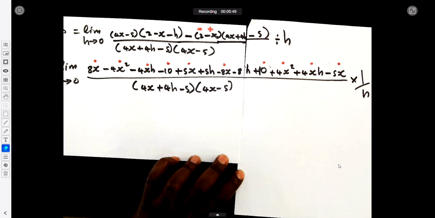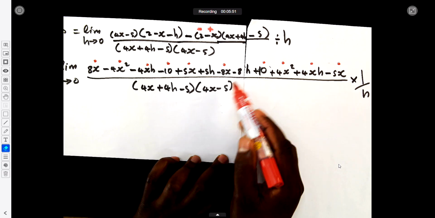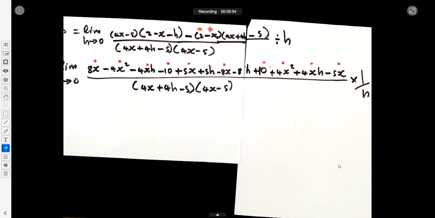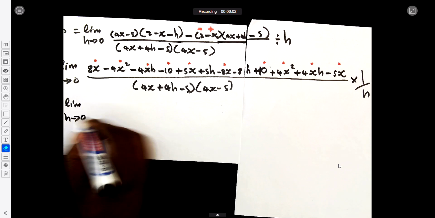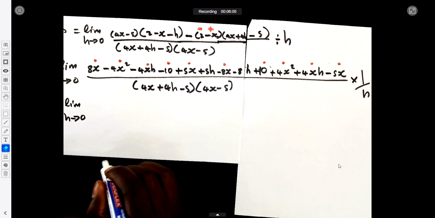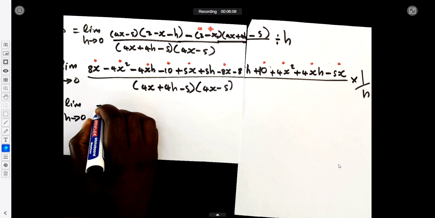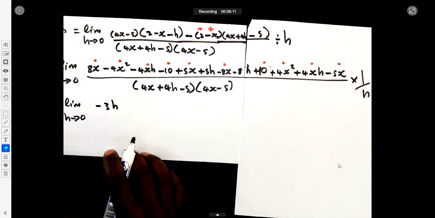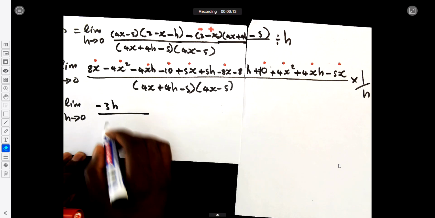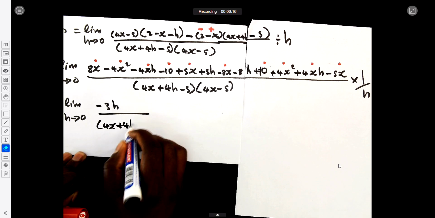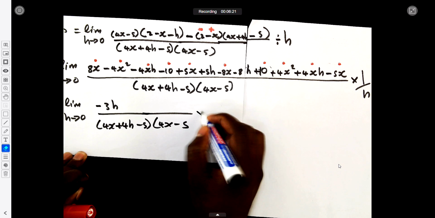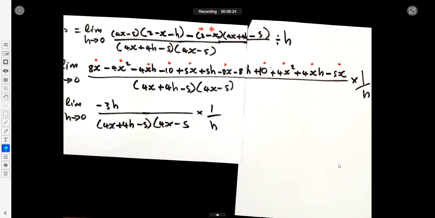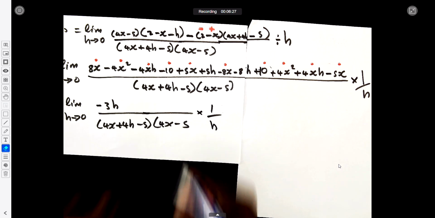So we're left with 5h minus 8h, which gives negative 3h. So the limit as h approaches 0 of negative 3h, all divided by 4x plus 4h minus 5 times 4x minus 5, and we still have our 1 over h, so still all divided by h.